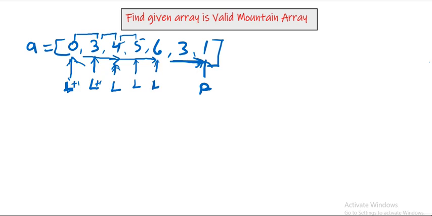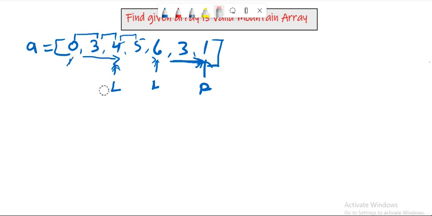So all the increasing items are passed, and my L is at this position. Now you can see L has reached the highest value.